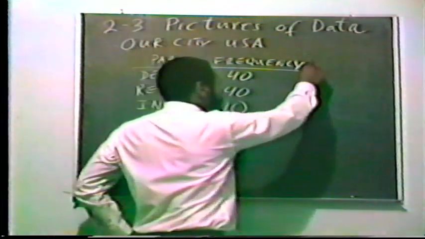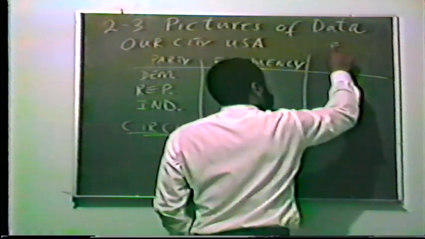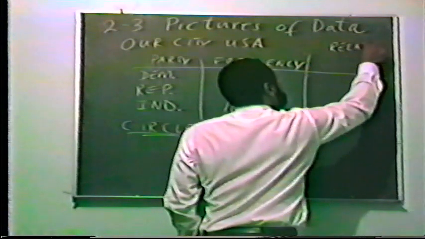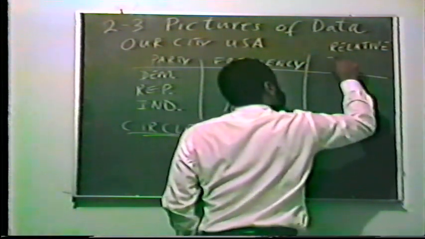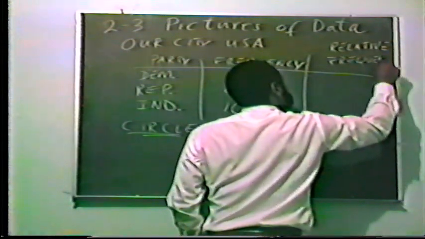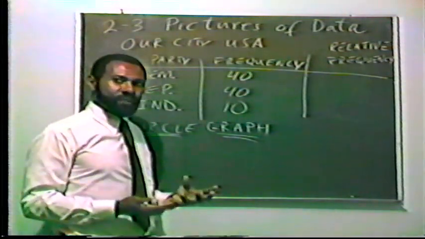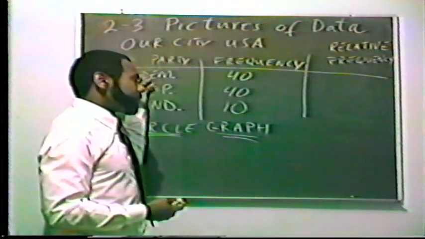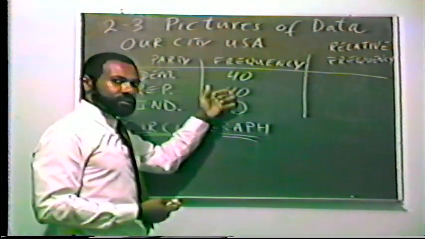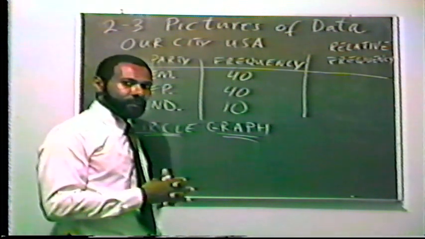So we make another column here after frequency, and we call that column the relative frequency column. This is the frequency of each category relative to the frequencies of all the categories together.